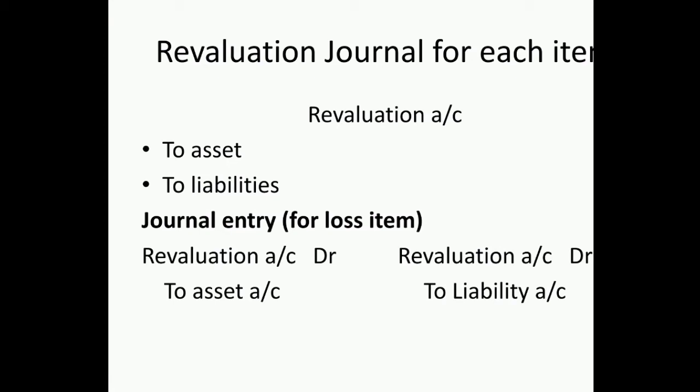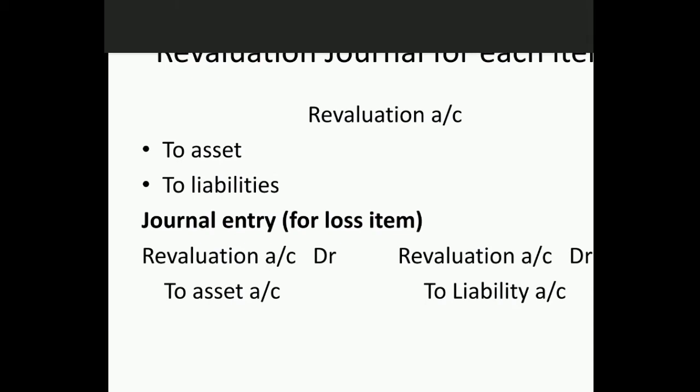In case of posting in the revaluation account, you have to enter the loss items on the debit side, whether asset or liability. If there is any loss item in an asset, that is to be debited, or if there is any loss item in a liability, that also should be debited, for which the journal entry is revaluation account debtor to asset account.